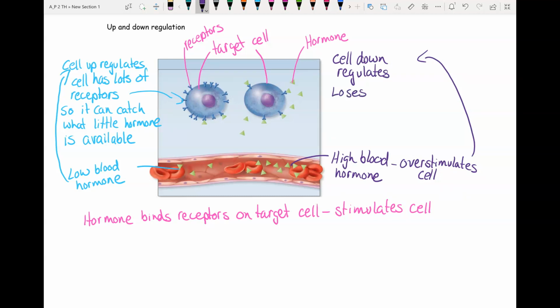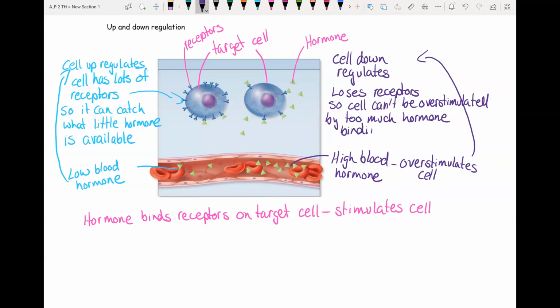So it loses receptors. This way the cell can't be overstimulated by too much hormone binding to it. So it's the cell's way of protecting itself from being overstimulated by a high hormone level.